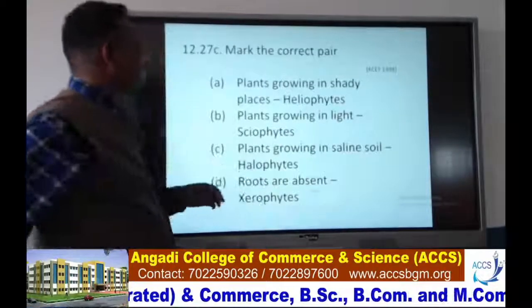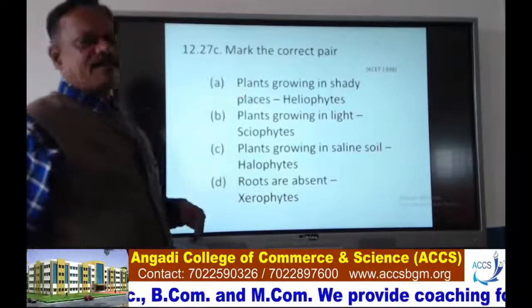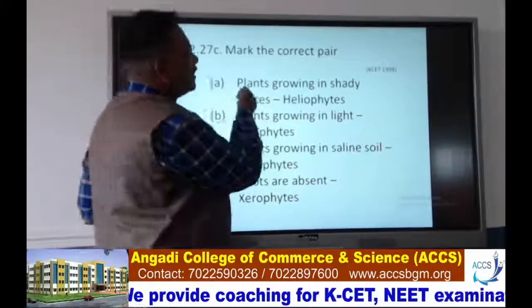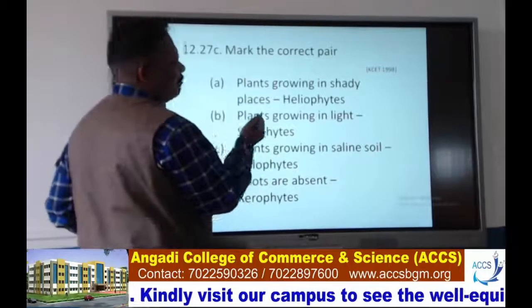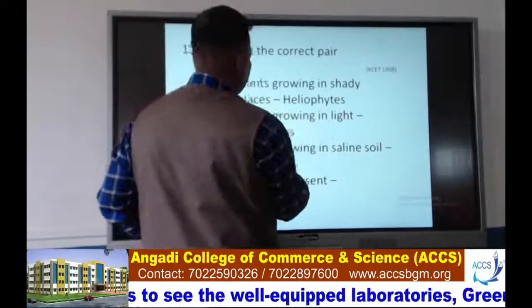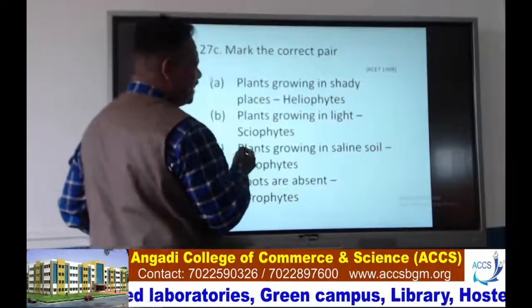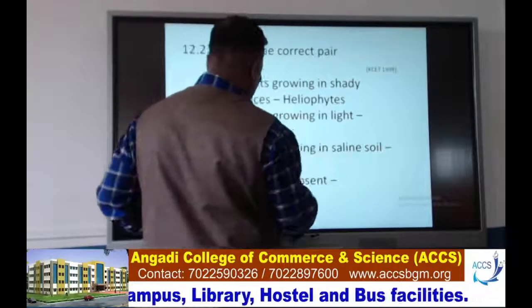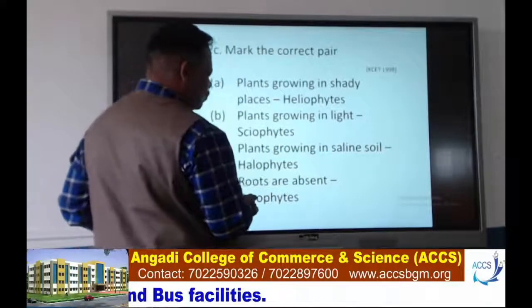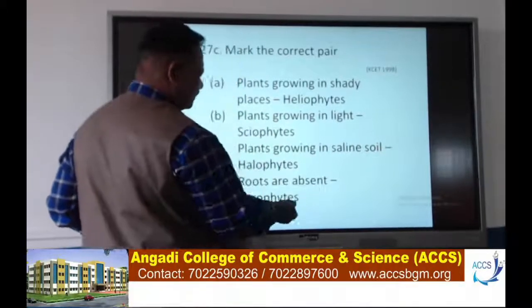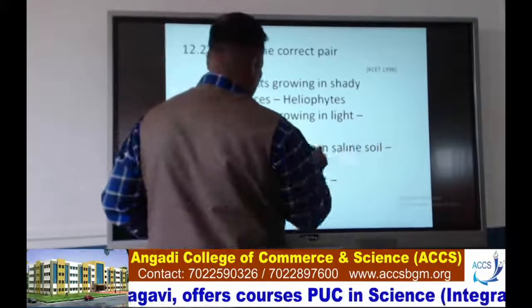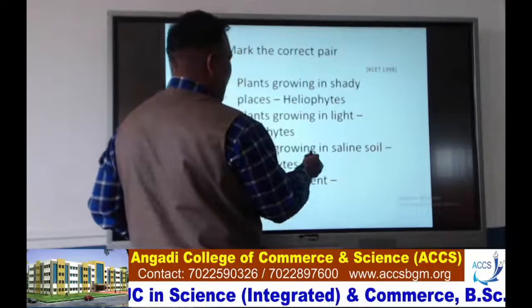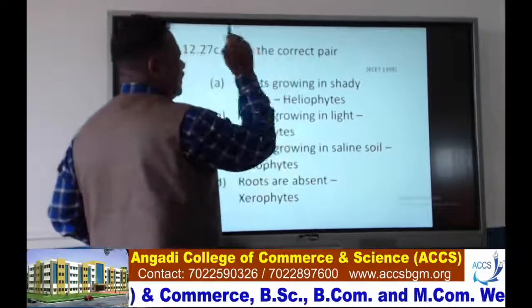Next, mark the correct pair. So here, plants growing in shady places, heliophytes. B, plants growing in light, sciophytes. C, plants growing in saline soil, halophytes. Roots are absent, xerophytes. Here option C, plants growing in saline soil, they are called as halophytes. This is the correct pair.